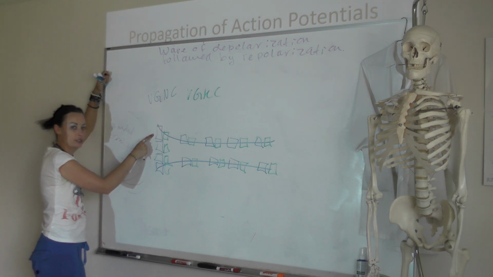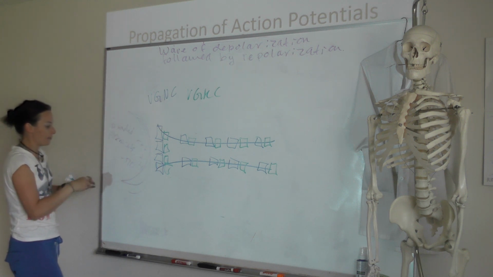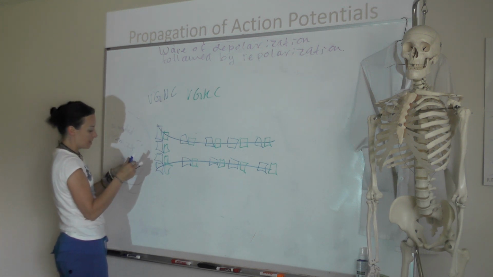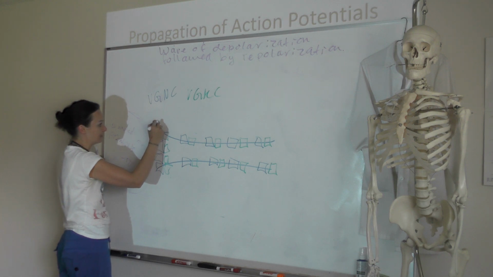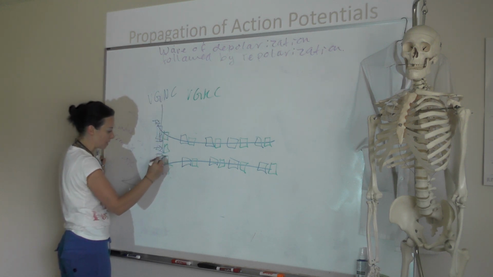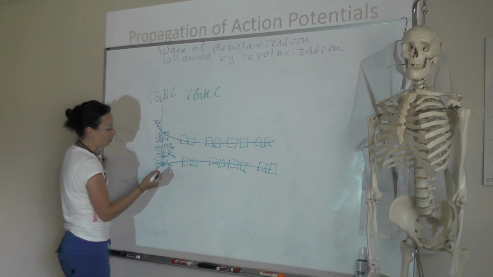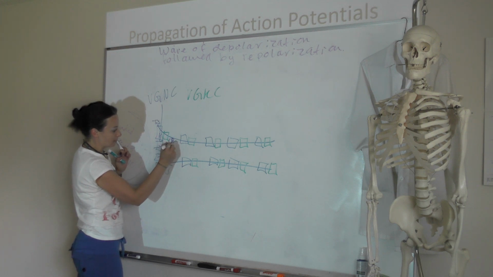What's the threshold for these channels? -55. So if I hit -55, this opens and sodium dumps in, through all of these. There's a lot of sodium. So now I'm dumping in all the way to +30 millivolts.